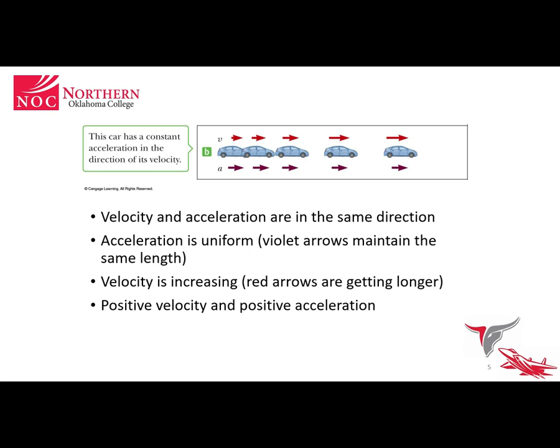So in this case, I have a positive velocity and a positive acceleration as well. Acceleration can be negative. And when we have a negative acceleration, it's called a deceleration.